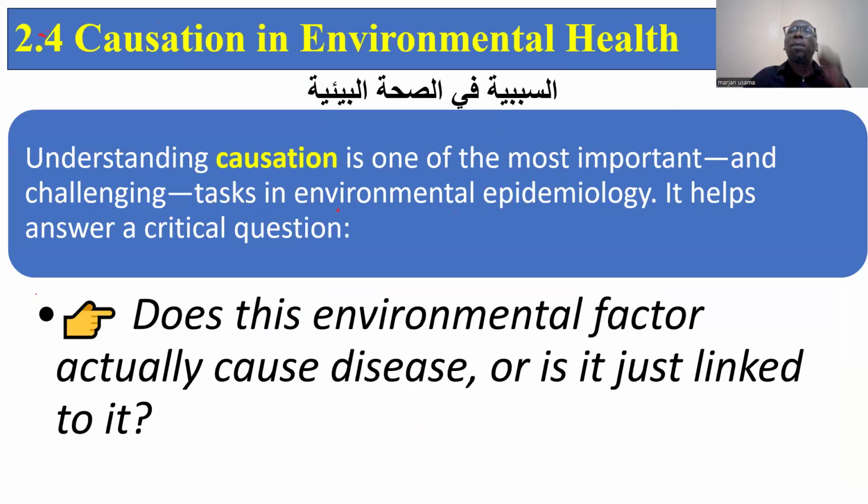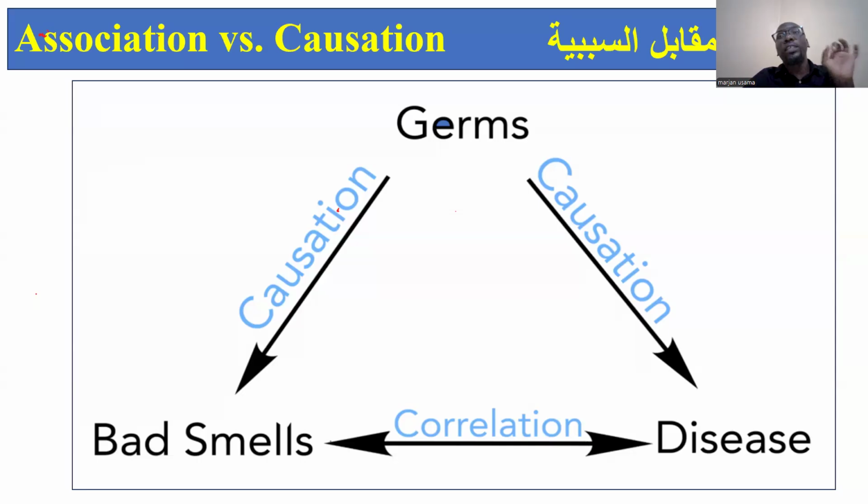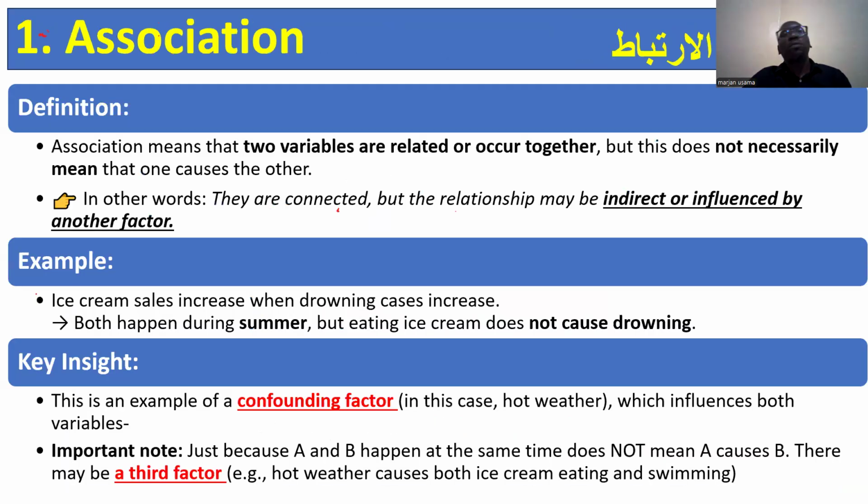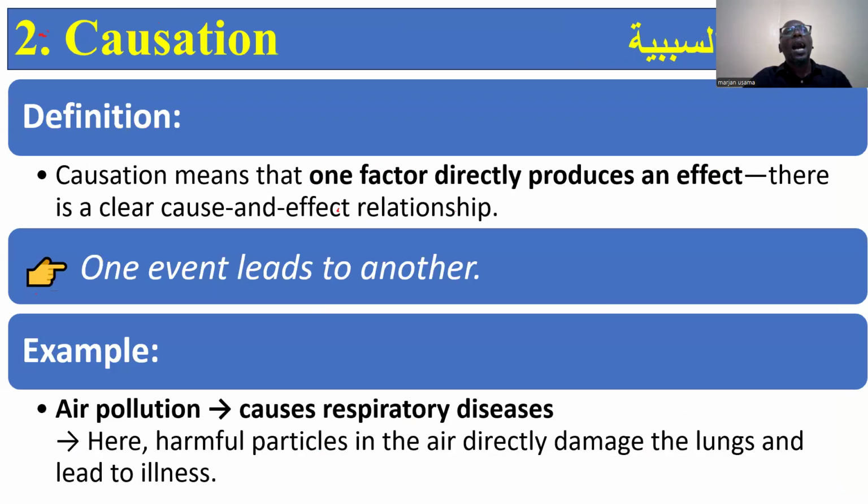So when you're talking about causation in environmental health, we normally have two things: association and causation. Association means al-irtibat, and causation means as-sababiyya.